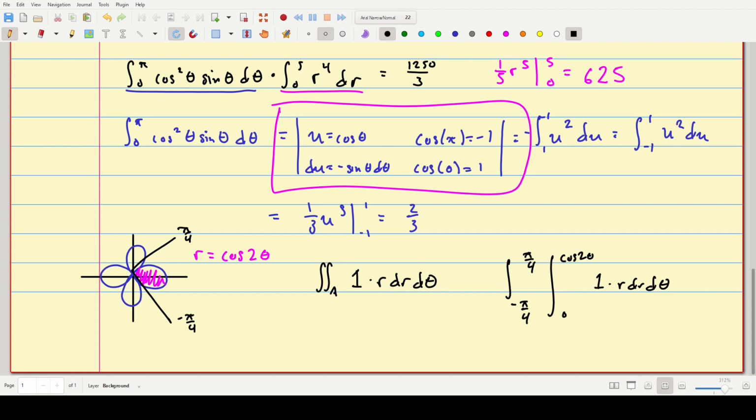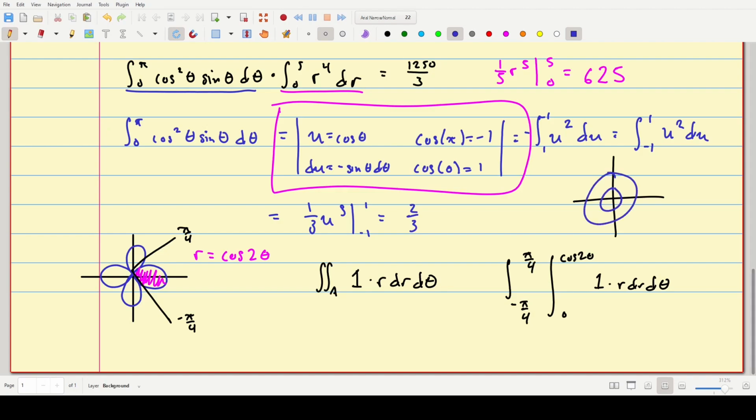0 to 0. So there's no length to the radius. So you're at the origin. Yes. So if I have a disk, it would go from 0 to whatever the radius of the disk is, right?